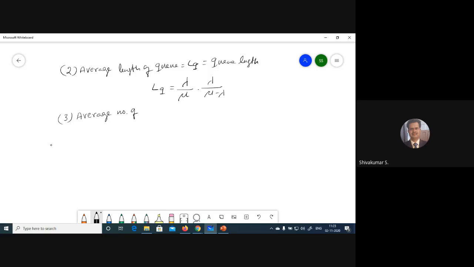You have to remember the formula only, rather than the units. The number of units in the system is given by LS, nothing but the system length, which is given by lambda by mu minus lambda.